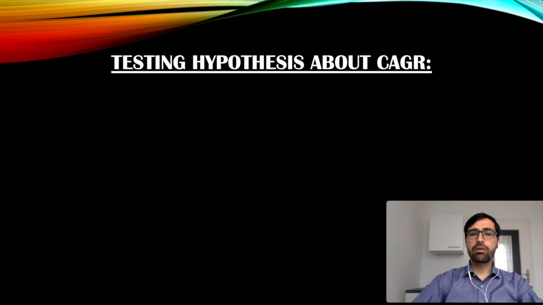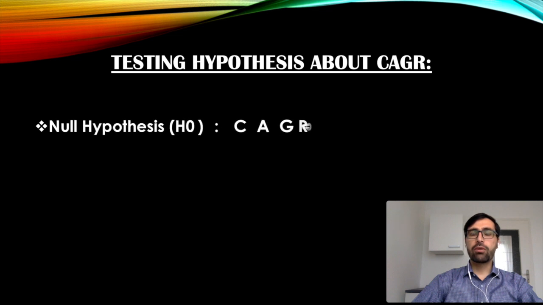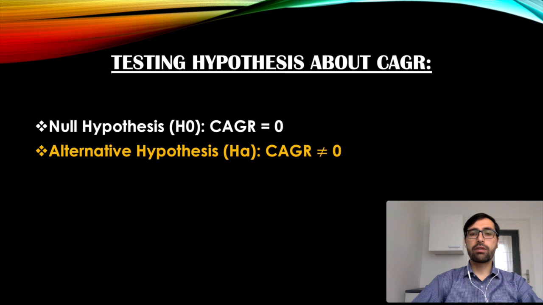Testing hypothesis about compound average growth rate is also of interest, especially if you want to publish your results, and for that you have to make some inferences about the value of the growth rate. So here I will show you how to test the significance of your estimated growth rates. We make a null hypothesis, or H naught, that the compound average growth rate is equal to 0, and the alternative hypothesis, or HA, that it is not equal to 0.